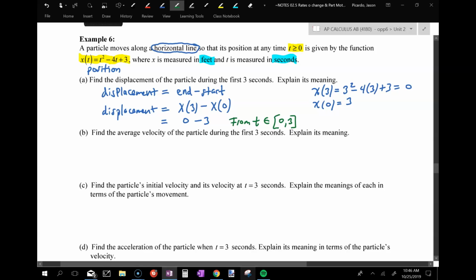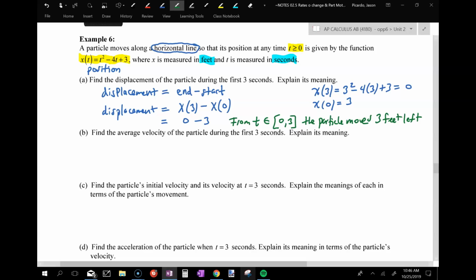During the first, in other words, during the first 3 seconds, right? The particle moves three feet left. Cool, right? Particle moved 3 units left. 3 feet left, actually, in this case.